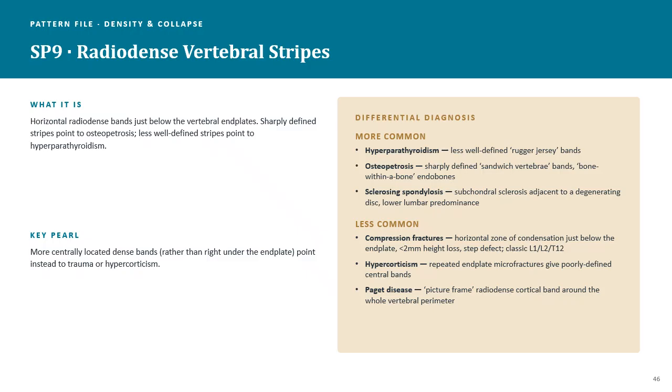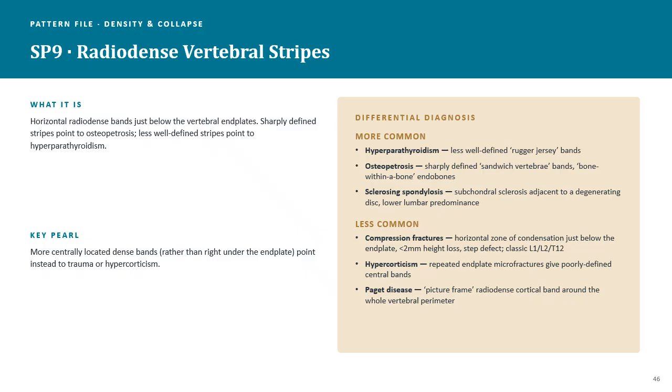So again, the main thing we want to recognize: with ivory vertebrae, the whole vertebral body becomes uniform in color or density, and it appears brighter or whiter on the image. With the radiodense stripes, we're seeing a specific portion or a horizontal band of increased density across the bone.